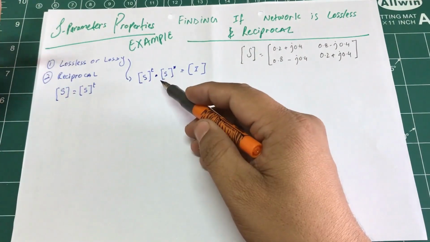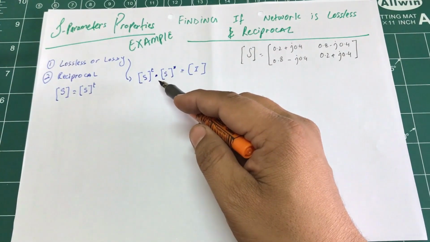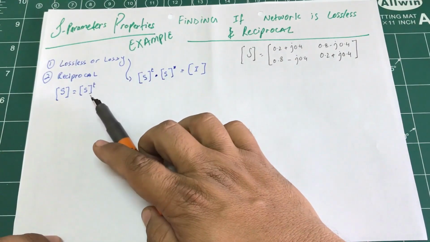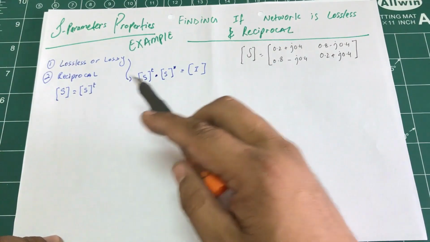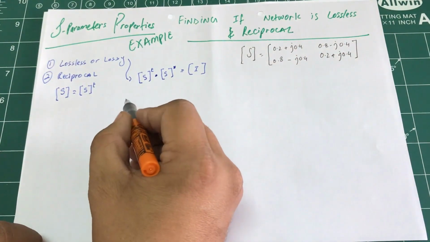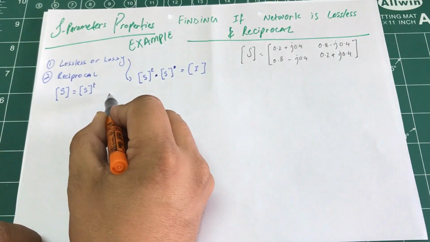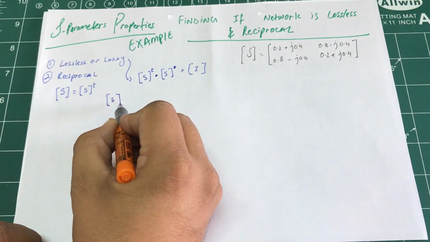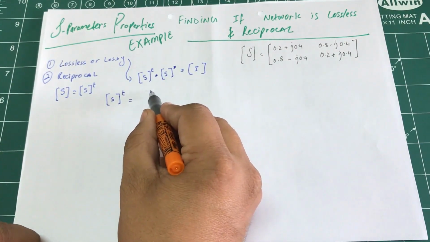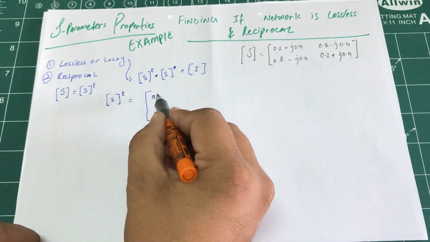All right, so let's do this. I need to take a transpose of this, so let's do it here. The transpose of this matrix is going to be 0.2.